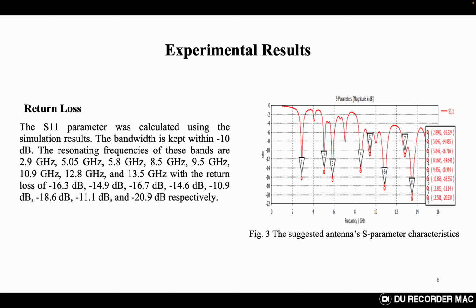The resonating frequencies of these bands are 2.9 GHz, 5.05 GHz, 5.8 GHz, 8.5 GHz, 9.5 GHz, 10.9 GHz, 12.8 GHz, and 13.5 GHz with the return loss of minus 16.3 dB, minus 14.9 dB, minus 16.7 dB, minus 14.6 dB, minus 10.9 dB, minus 18.6 dB, minus 11.1 dB, and minus 20.9 dB respectively. And this is the figure of the S11 parameter characteristics.